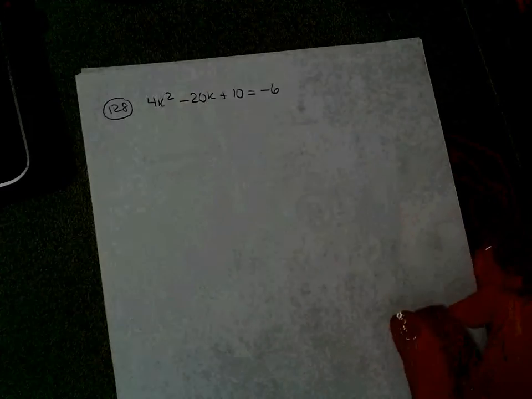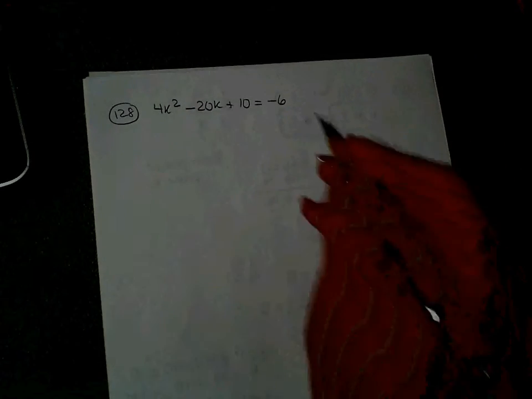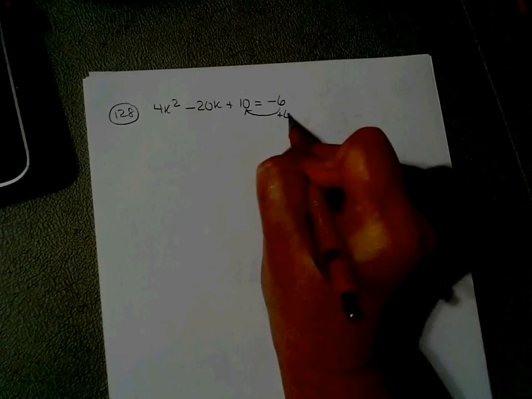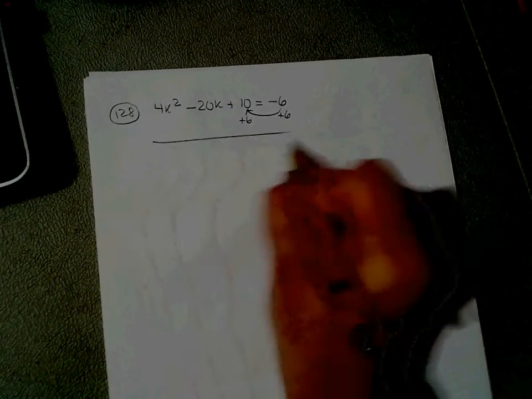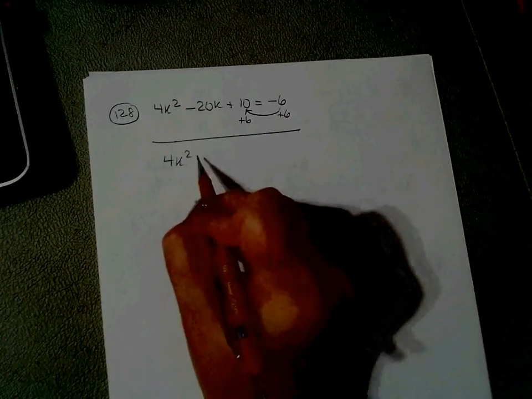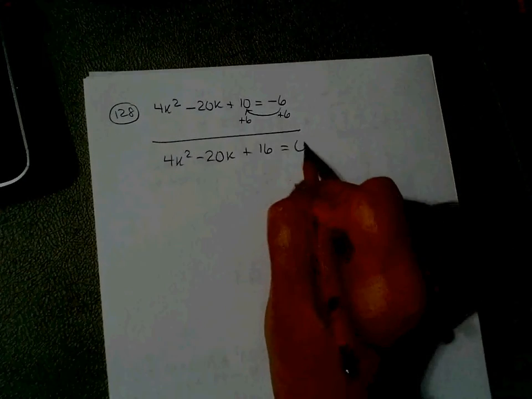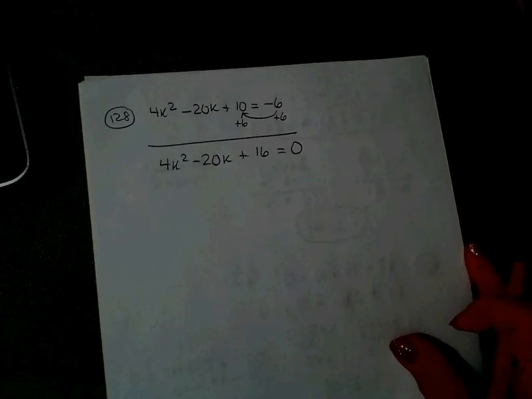I can't do anything until the problem is equal to 0. So I need to move that negative 6 over to this side by making it positive 6. And now I have it equal to 0.